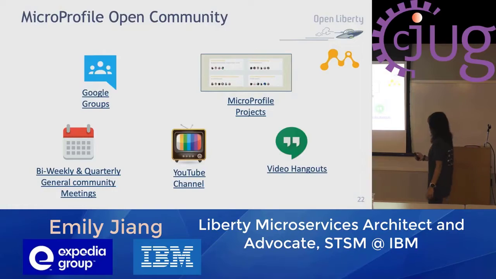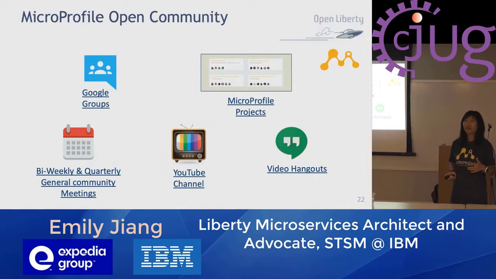So how do we communicate? We use all kinds of things. Originally, because I led the first spec, which is MicroProfile Config, I basically became a pathfinder. I said, how can we communicate? It needs to be free and people free to join. So I discovered Google Hangouts and opened a Google Hangout.